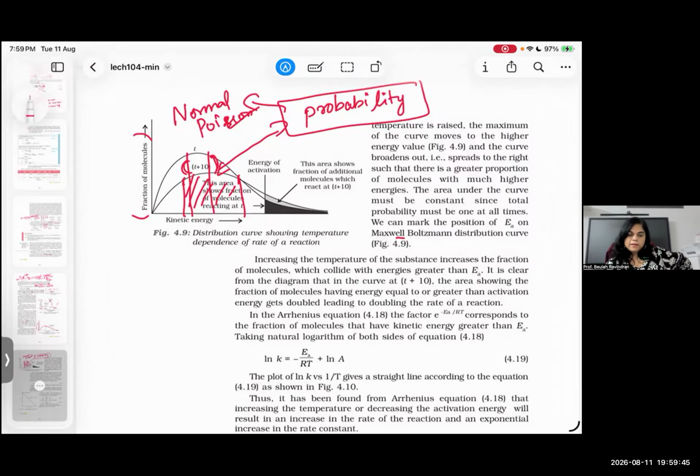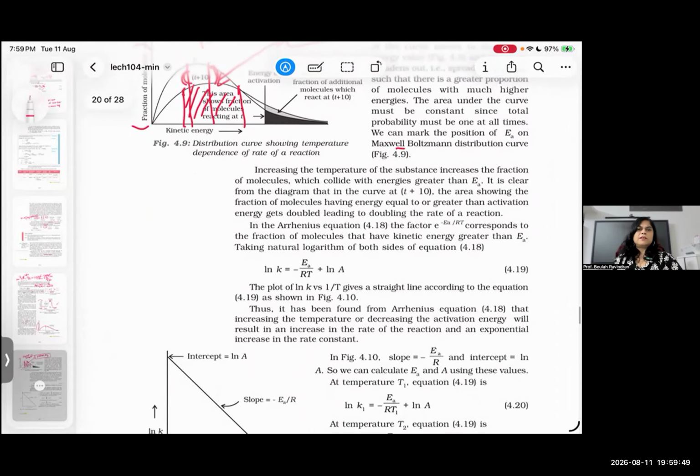Then, if you add any catalyst, what will happen? A catalyst lowers the activation energy by providing an alternate pathway. I told you already. It increases both forward and backward reaction rates equally, leaving the equilibrium constant and delta G unchanged. That won't be changing.